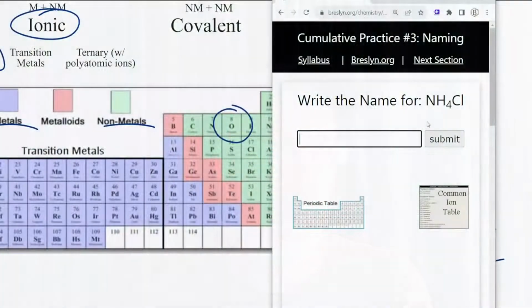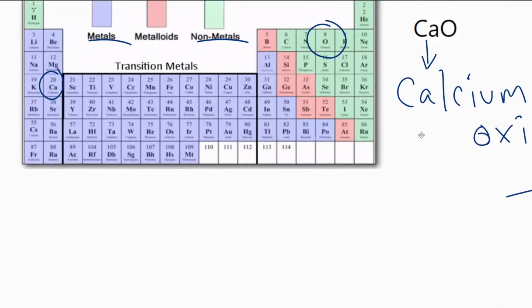Now, talking a little bit about exceptions. This one right here we're about to look at is one you've really got to watch out for. It's this NH4Cl. So if you have any idea what it is, feel free to put it in the chat here. I'm going to show you how to name this because this one's kind of tricky.